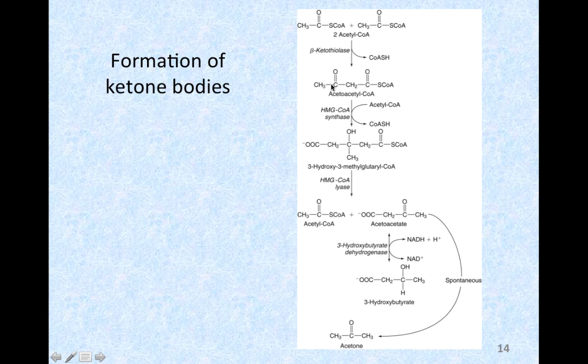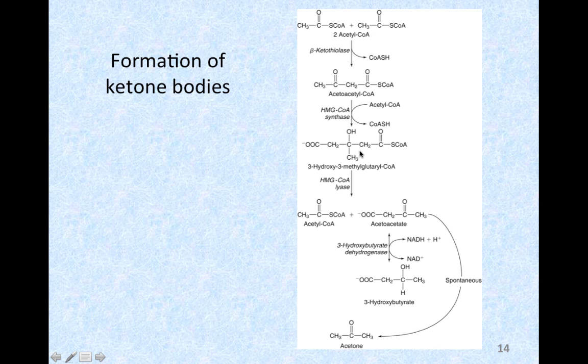But essentially we have kind of four functional carbons here. Now this enzyme, HMG-CoA synthase, adds another acetyl-CoA. So now we've added three acetyl-CoA molecules and kind of condensed them. Now we have this molecule, which we know as HMG-CoA.